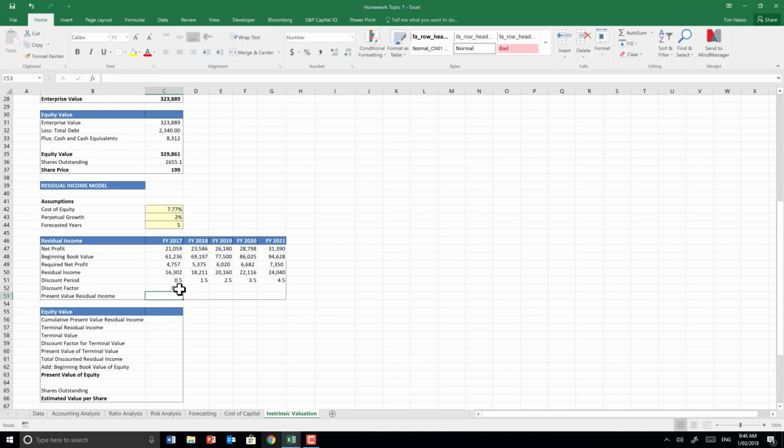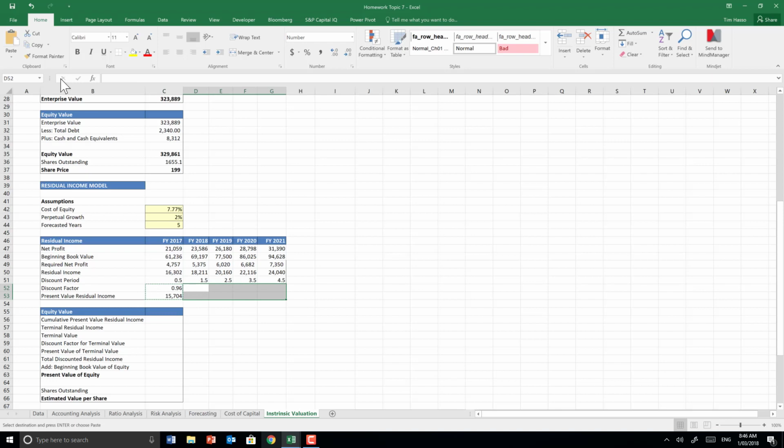Close the bracket, and the discount factor should be 0.96. So the present value of the residual income that we calculated for 2017 is worth 96% of the value in today's dollars, essentially. So we get it to 15,704 in this case.